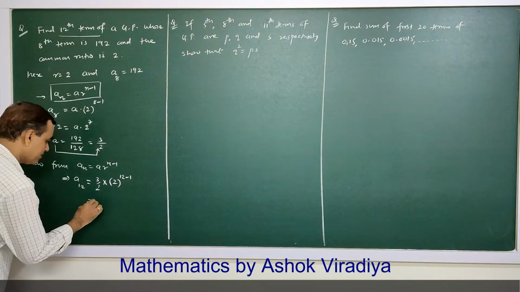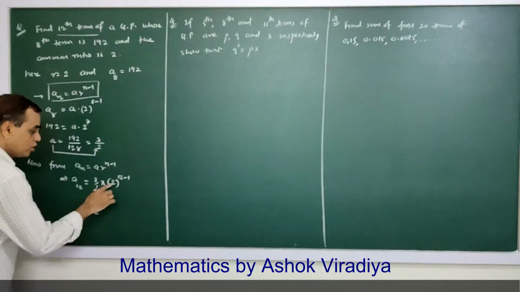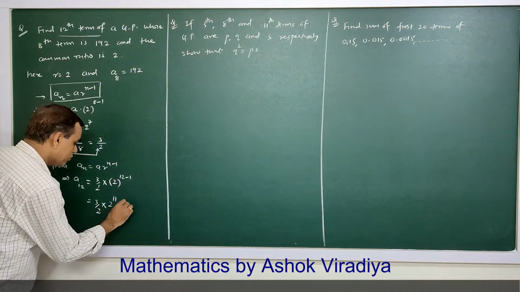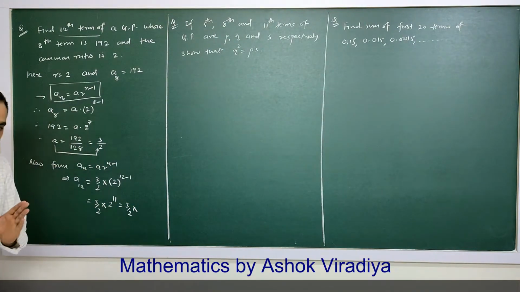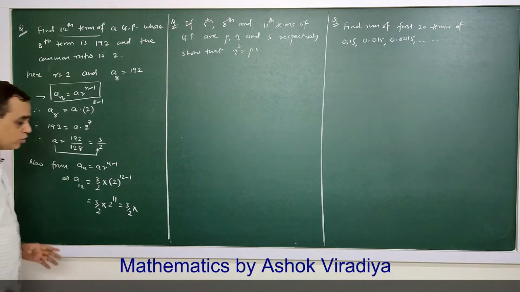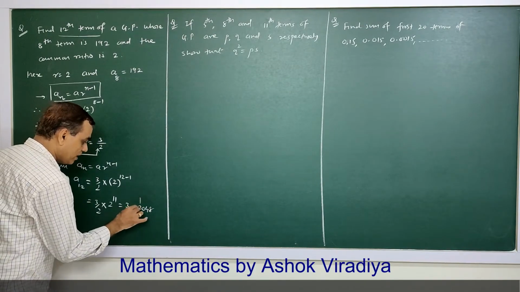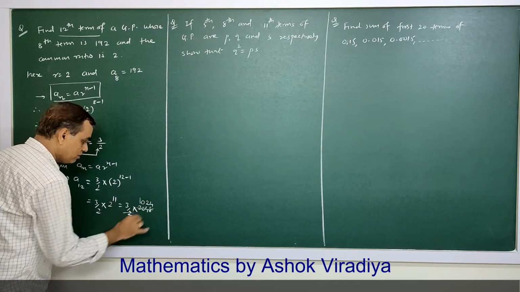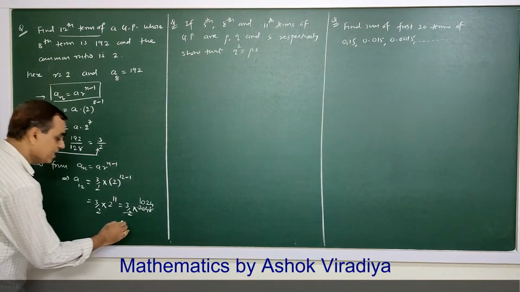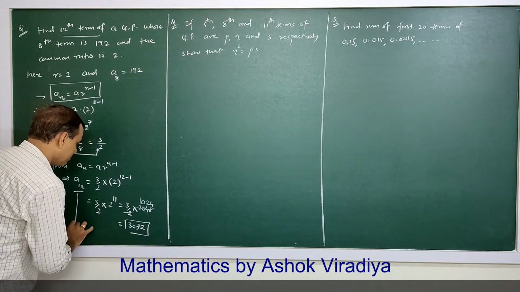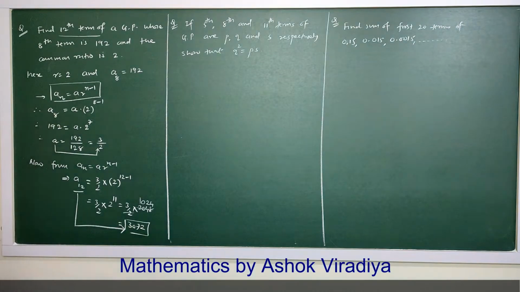So that is 3 by 2 into 2 raised to 11. 2 raised to 10 is 1024, into 2, that is 2 raised to 11, so 2048. So this is equal to 1024 into 3, which is 3072. So this is the 12th term of this sequence.